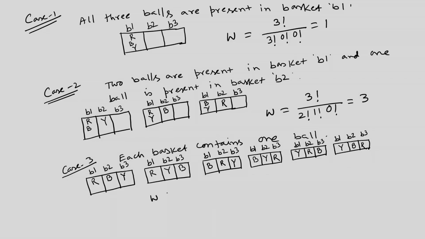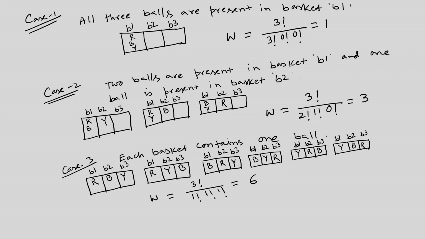According to the formula, W is factorial 3 by 1 factorial, 1 factorial, 1 factorial. So, we get 6. So, 6 different ways we can put 3 balls in 3 different baskets.